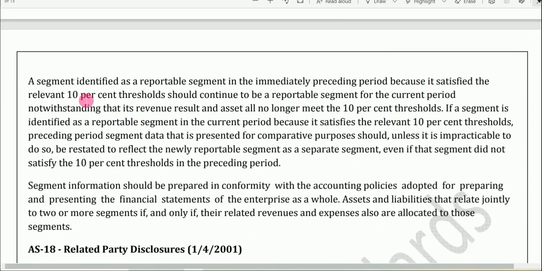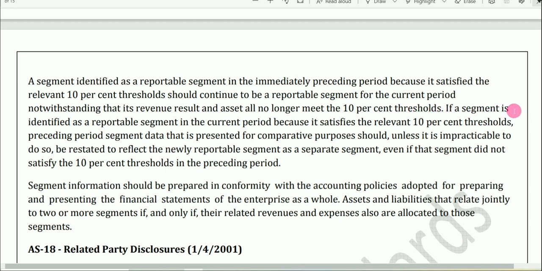A segment identified as a reportable segment in the immediately preceding period because it satisfied the relevant 10% threshold should continue to be a reportable segment for the current period, notwithstanding that its revenue, result and assets all no longer meet the 10% threshold.